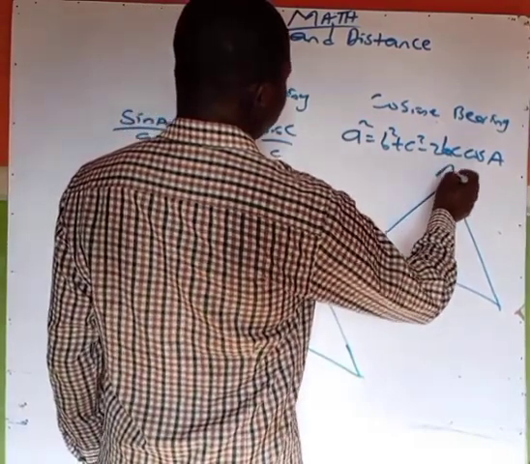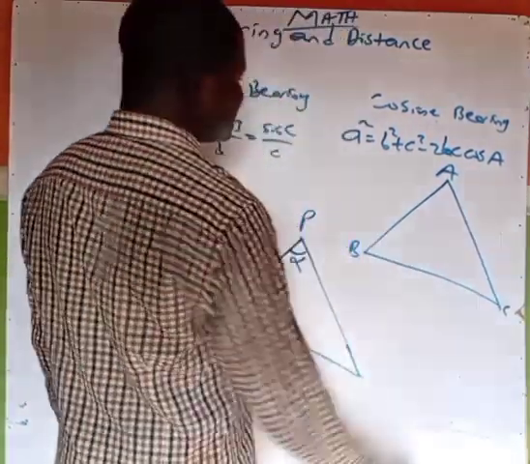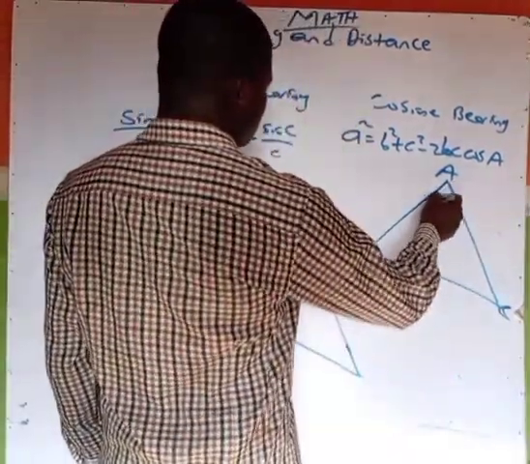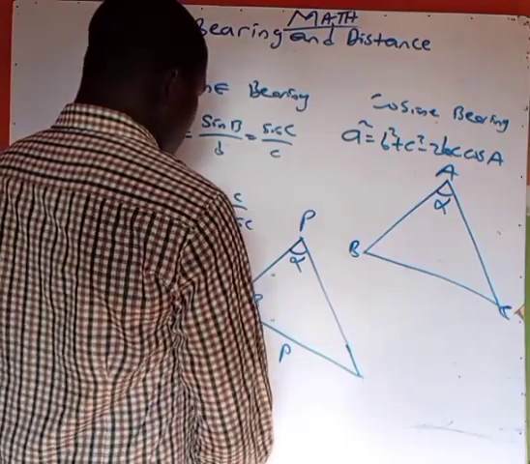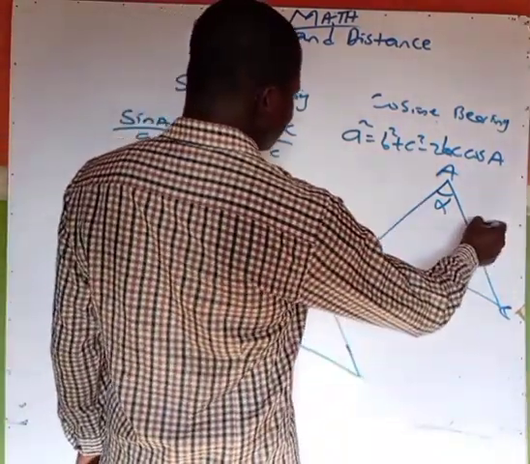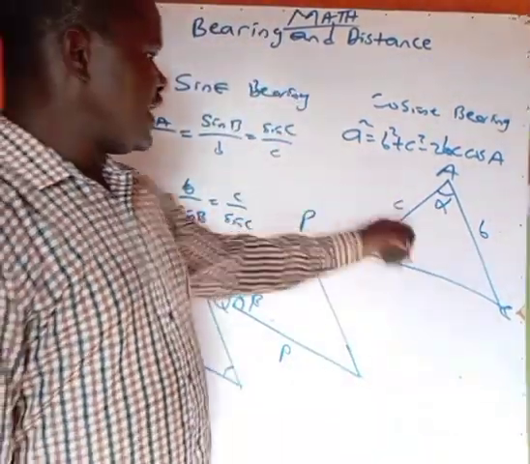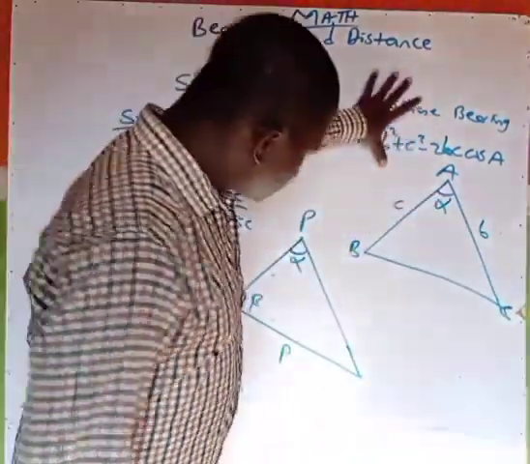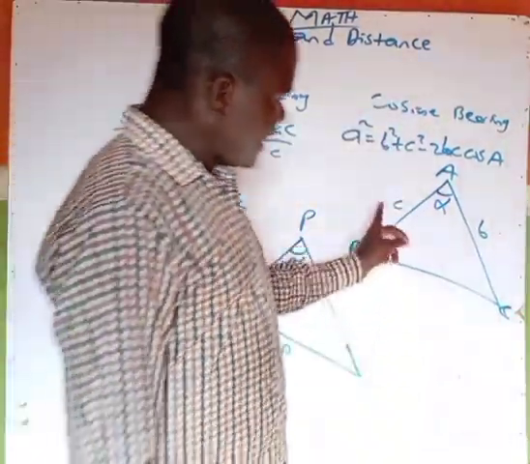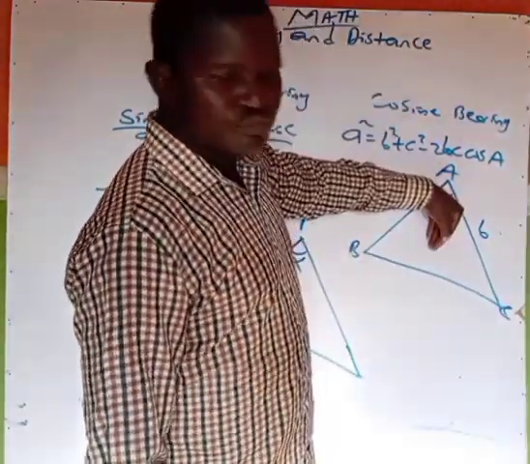So you have A, B, C. You are given one angle, which is this, call it alpha, then you are given this side, B and C. So here you know that this is cosine, this formula you are going to make use of. Here, what you are given is two sides and an angle between them.